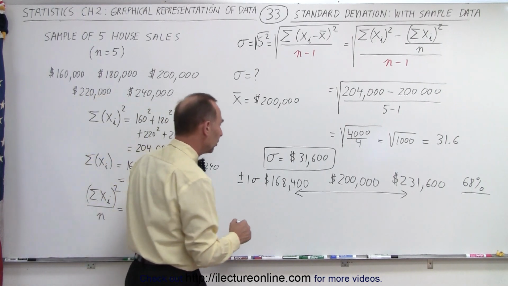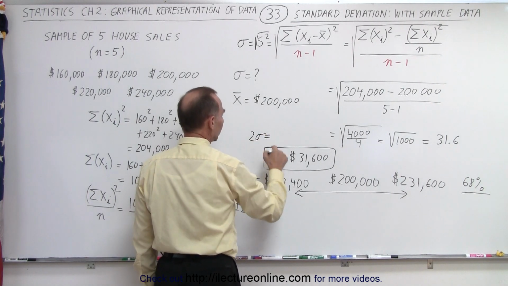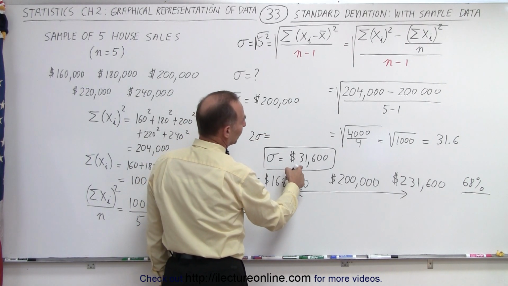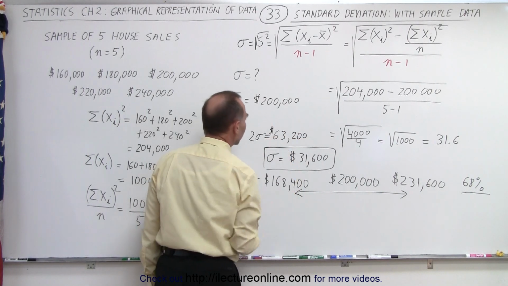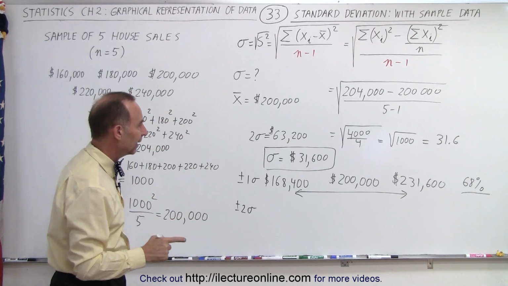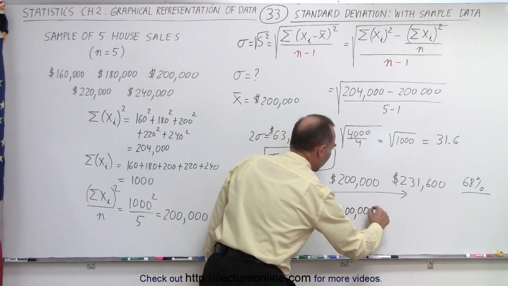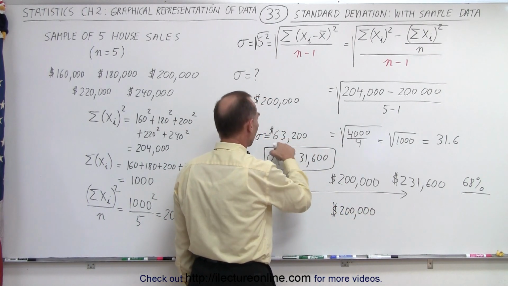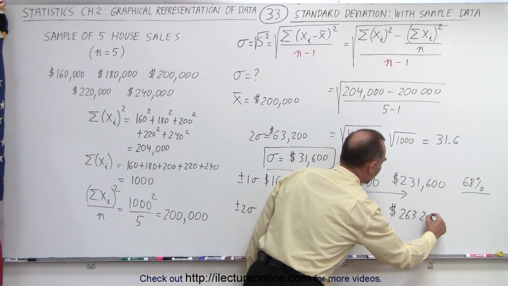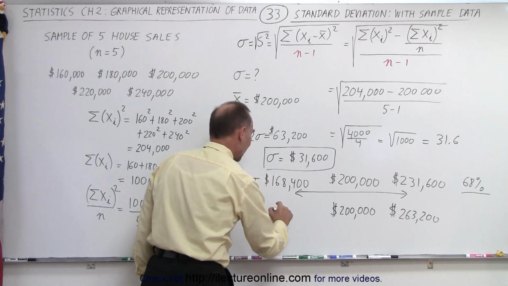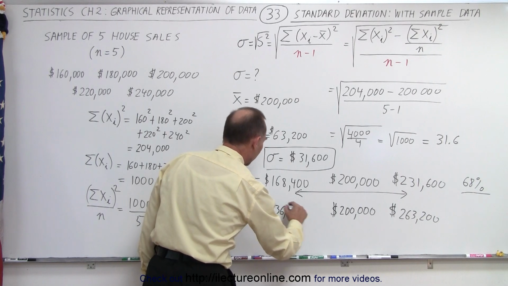So now when we add plus or minus 2 sigma, 2 sigma is equal to double that. That would be, let's see, 63,200. If we double that amount, and then if we add that to the mean of 200,000, when we add 2 sigma, which is 63,200, we get 263,200 on the one side, and when we subtract, we get 136,800 on the other side.